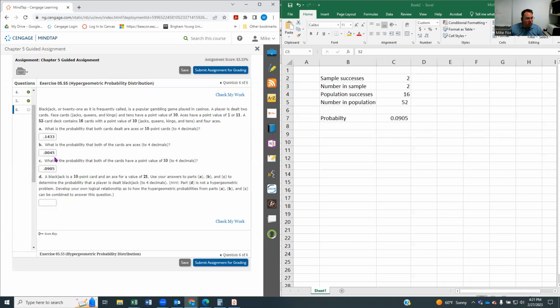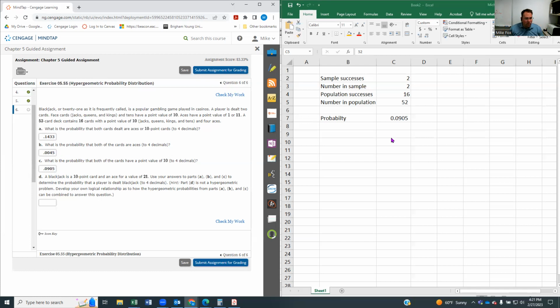There's also a 0.0045 chance that they're both aces and a 0.0905 chance that they're both tens. So I want you to think of all of the possibilities involved in the 0.1433. That could be two aces, two tens, or an ace and a 10.